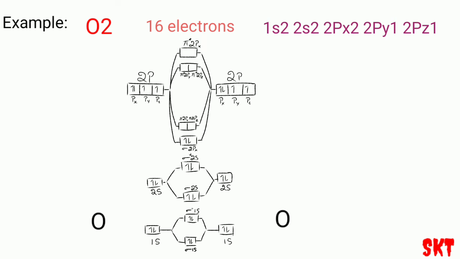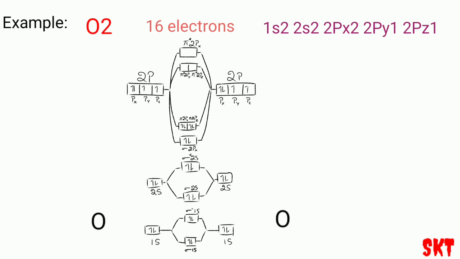And the next comes pi 2py and pi 2pz of equal energy. The vacancy is 4 electrons and we have 6. So add the 4 electrons, and the 2 electrons go to the antibonding molecular orbitals. The next orbitals according to the energy level are pi star 2py and pi star 2pz of equal energy, and we have 2 electrons.